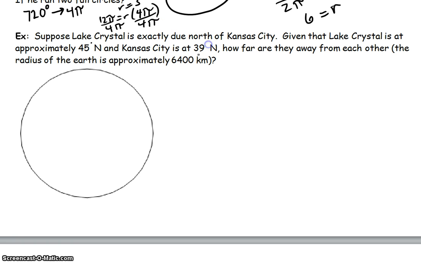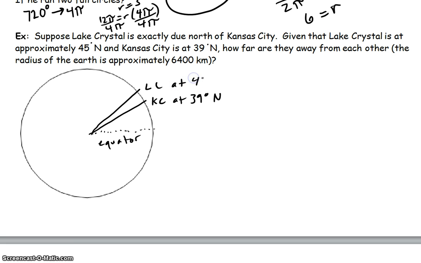It says, suppose Lake Crystal is exactly due north of Kansas City, given that Lake Crystal is at approximately 45 degrees north. Now, the way that this would look is, if we have the equator, we would have Kansas City here at 39 degrees, and we would have Lake Crystal at 45 degrees.